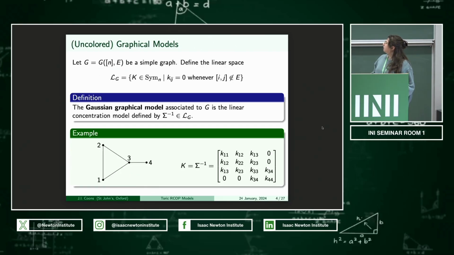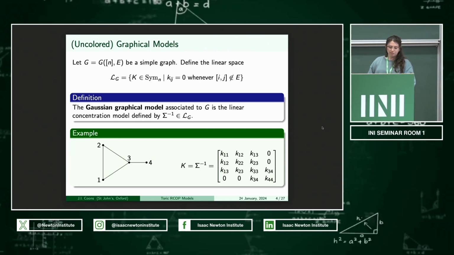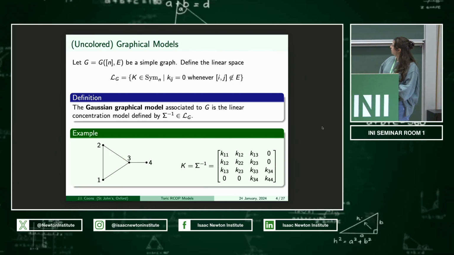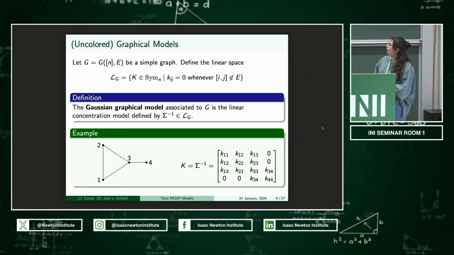Okay. I'll talk a bit about graphical models now before we get to what I mean by colored graphical models. I'll fix a simple graph whose vertex set is, say, 1 through n. It's got some edge set. And this specifies a linear space of symmetric matrices as follows.